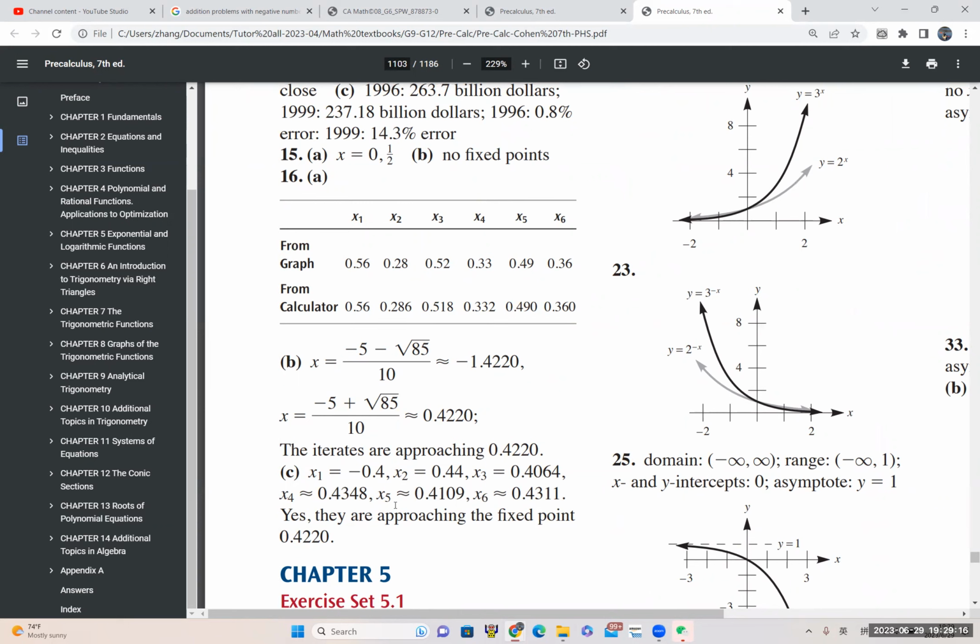The fixed point. Oh, okay, I think here has something wrong. Let me see. Why do we get something a little bit different? 0.422. How did we get this? Oh, okay, that's different.